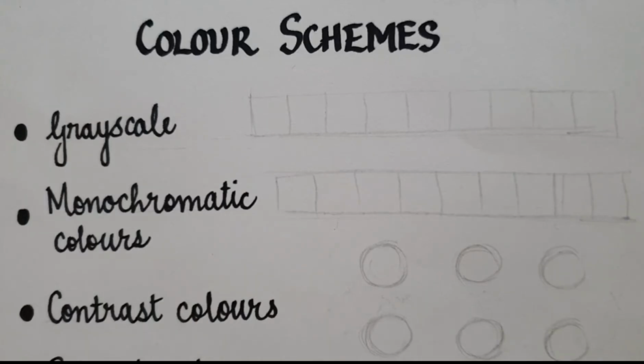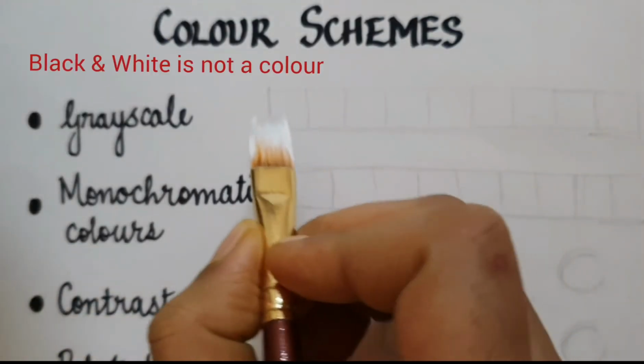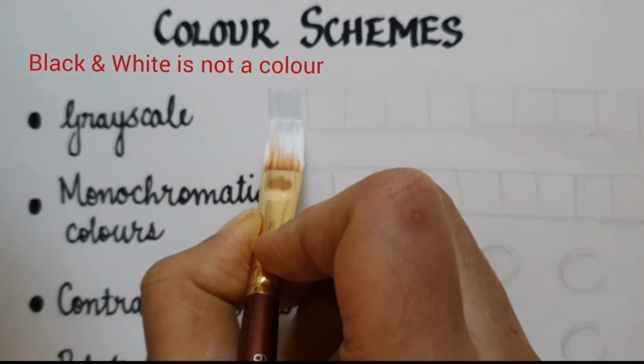Now let's look at the different color schemes. So we will start with the grayscale. Grayscale is made by mixing black and white. If you look at my palette, I've got white and black. So I'm going to mix a little black at a time and keep on applying them.